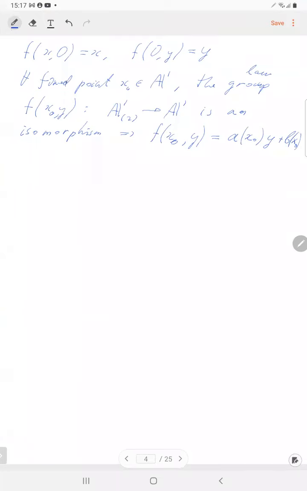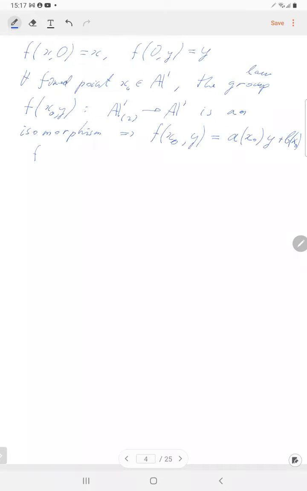Why is it linear? Because you need a polynomial. This function is a polynomial in y, right? And you know that this polynomial gives an isomorphism from A1 to A1, right?